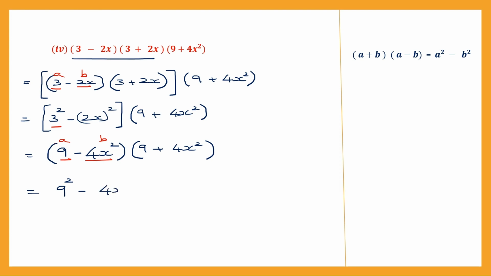B is 4x square and the square of this. So this makes it a square minus b square. So 9 square means 9 into 9, which is 81. Here 4 square means 4 fours are 16, and x raised to the power of 2, which is again raised to the power of 2. So 2 2's are 4. So what do we have here? 81 minus 16x to the power of 4.